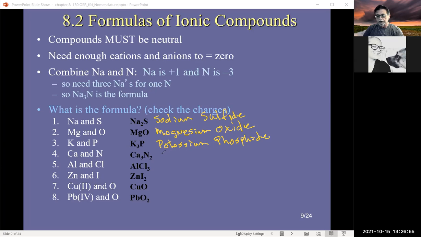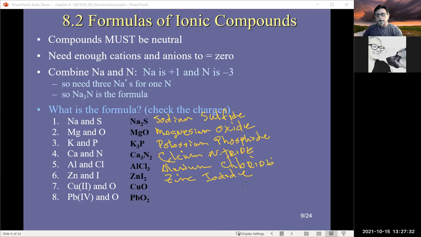And then here we got again calcium and nitride. Okay, notice no Roman numerals here in naming them because these are part of the fixed oxidation number charges. Then we have aluminum chloride. Okay, and then Zn, which is zinc, and then iodide.